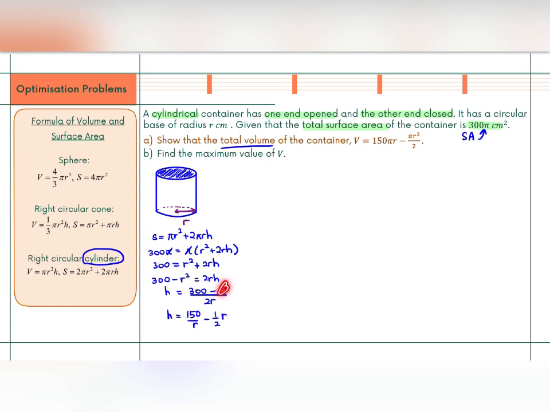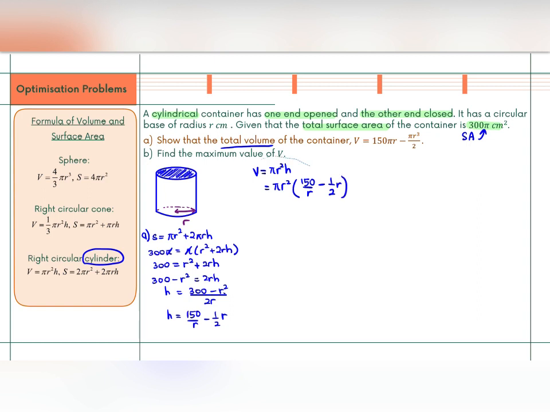Because R squared over R will be R, and 300 divided by 2R will be 150 over R. So this H I am going to write in the volume formula. Volume is equal to pi R squared H.